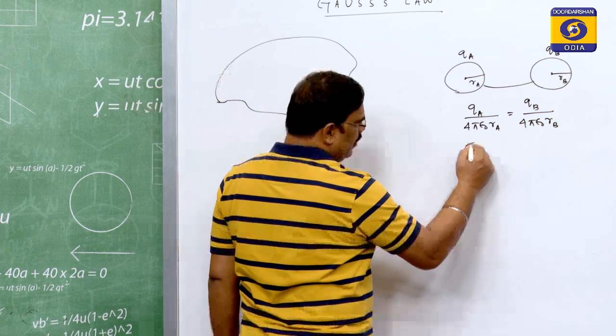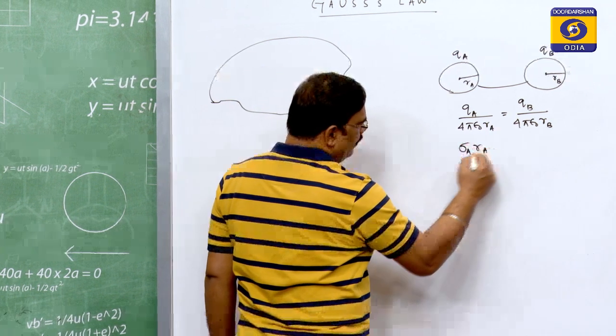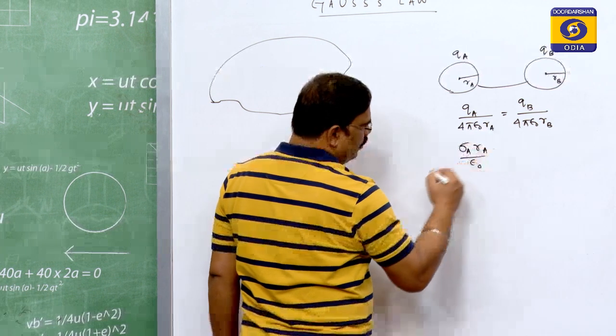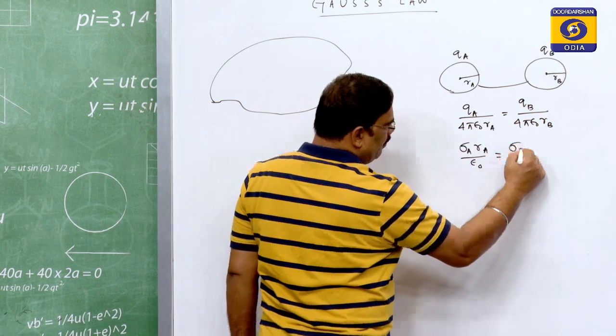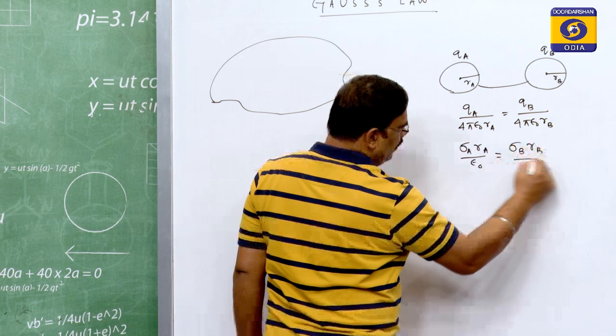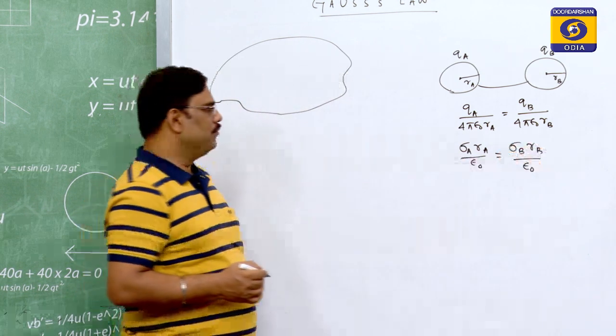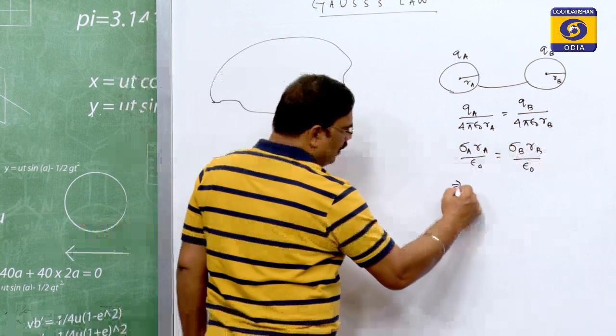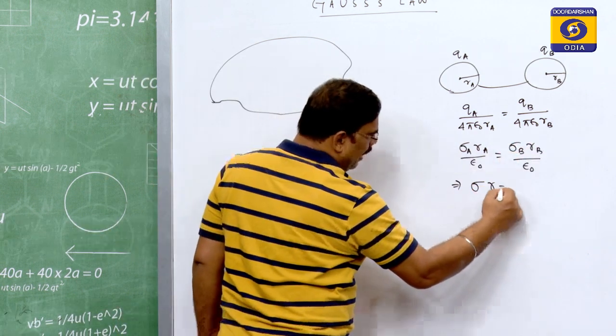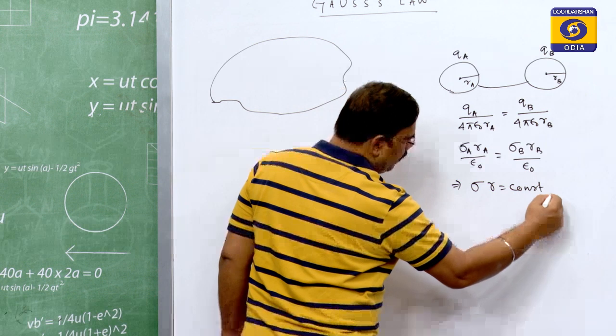It is sigma a r a divided by epsilon 0, and this is sigma b r b divided by epsilon 0. Since epsilon 0 is a constant, we get sigma r is a constant.